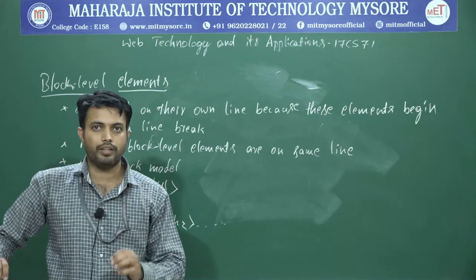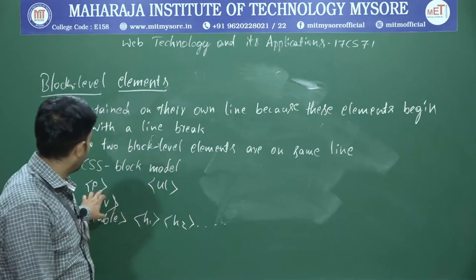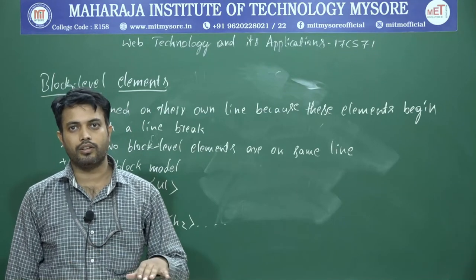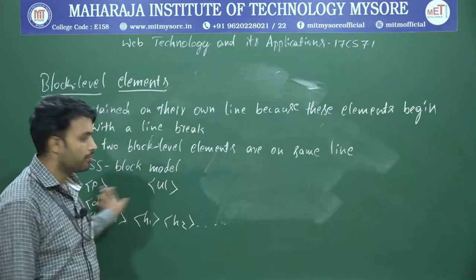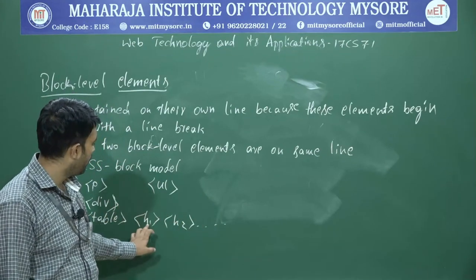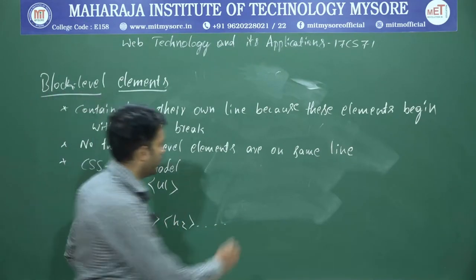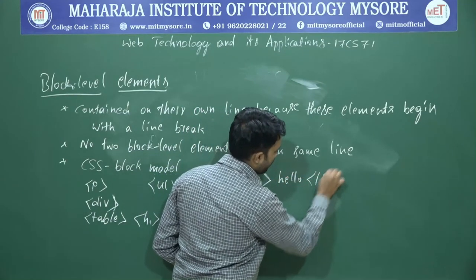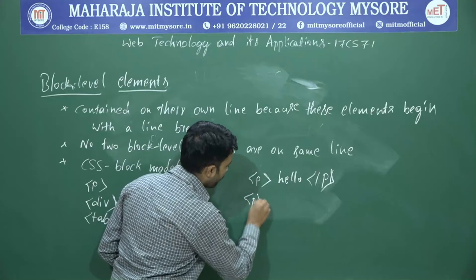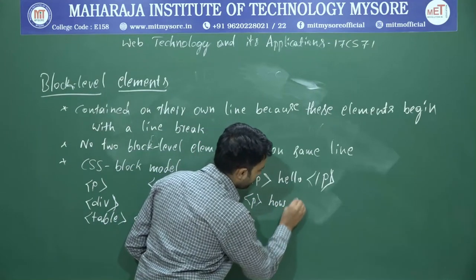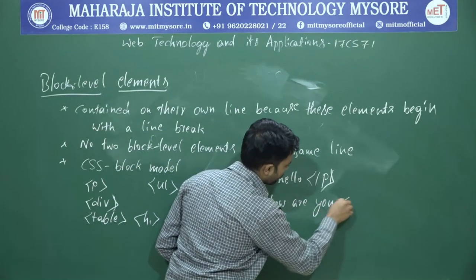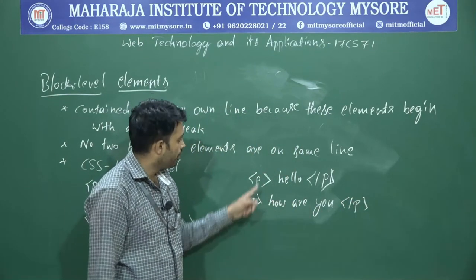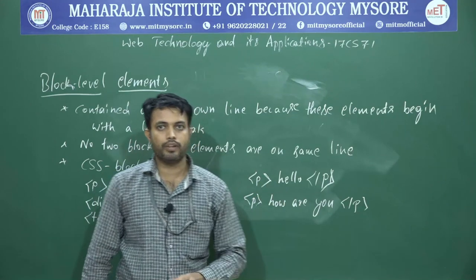Whenever you write these elements on your HTML page, they will be displayed on separate lines. A paragraph will be displayed on one line, and if you have two or three paragraphs like this, P hello slash P, and again one more P, how are you slash P. Here I have two paragraphs, right? These two paragraphs will be displayed on two different lines.